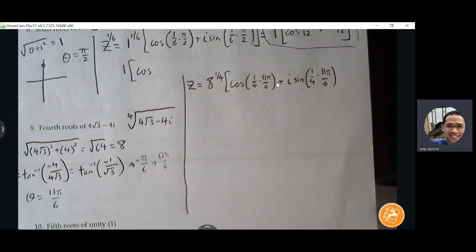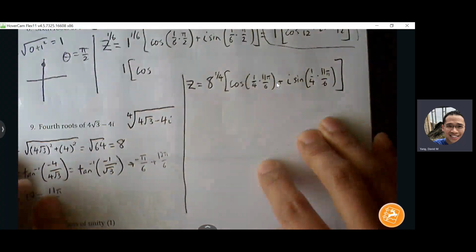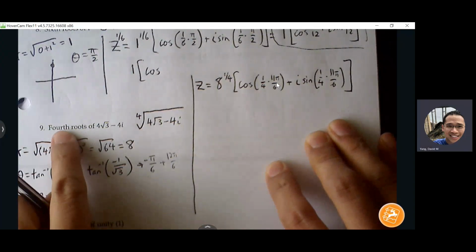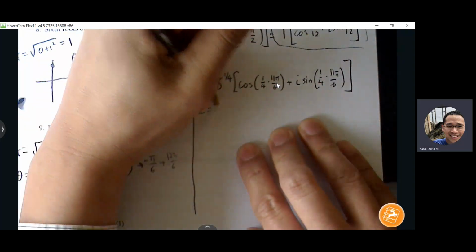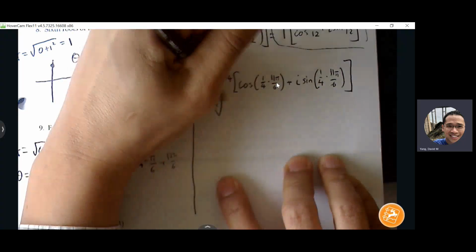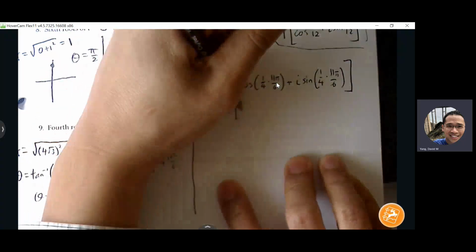Okay, let me clean this up, and then this will be one of our solutions. How many more do we want to look for? 3 more. Yes, there are 4 total. You can write it as 8 to the 1/4 or the 4th root of 8. Just want to give you options. It's up to you.